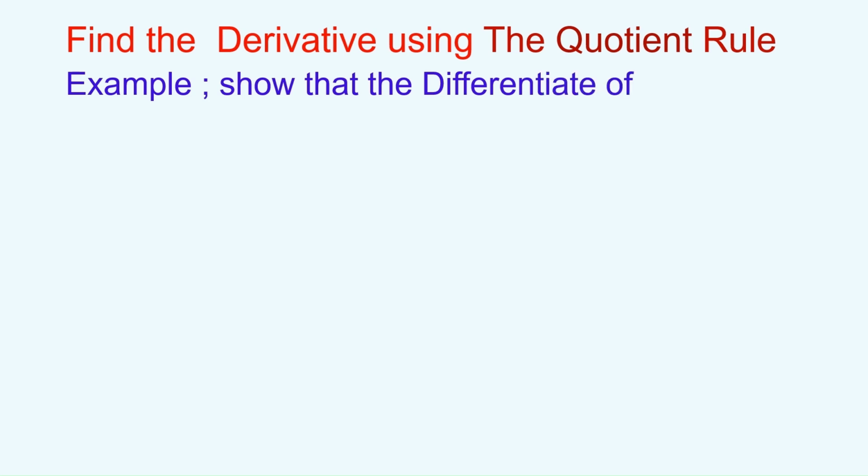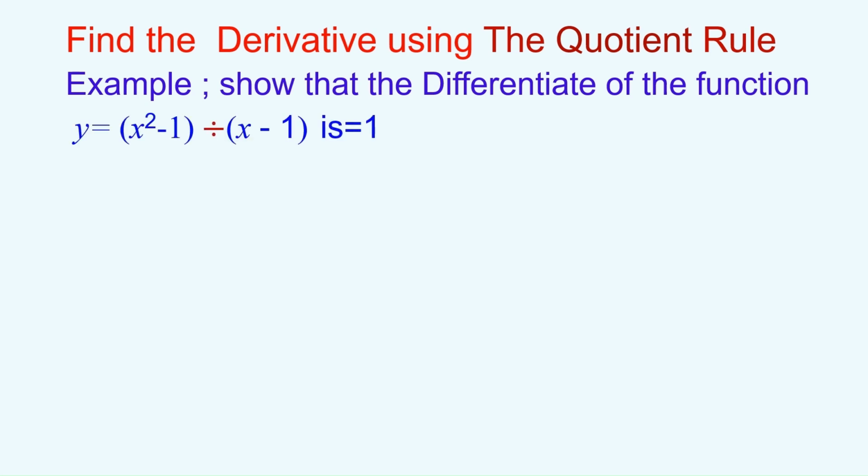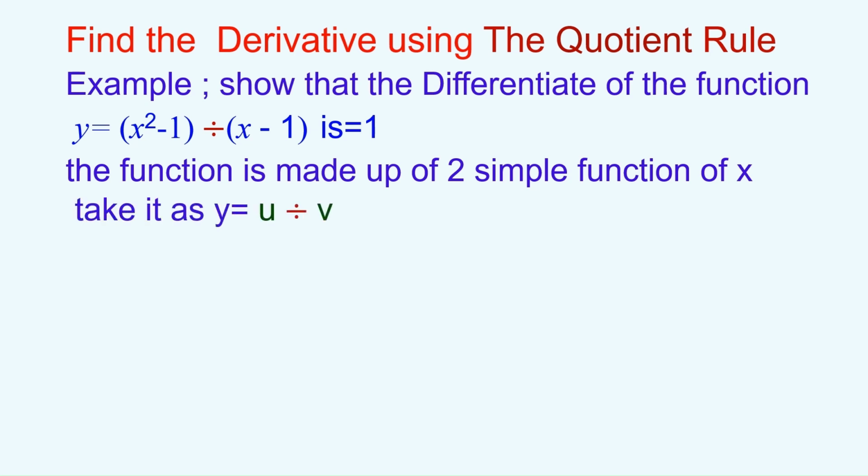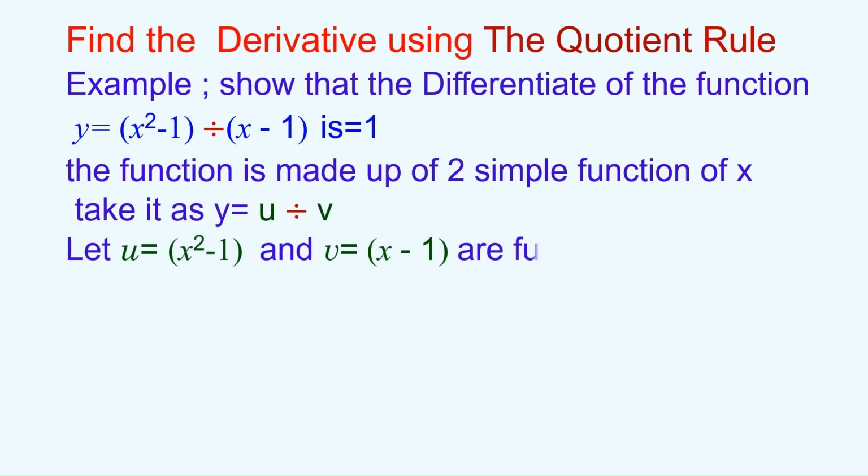Find the derivative using the quotient rule. Example: show that the differentiation of the function y = (x² − 1)/(x − 1) is equal to 1. The function is made up of two simple functions of x, or take it as y = u/v.